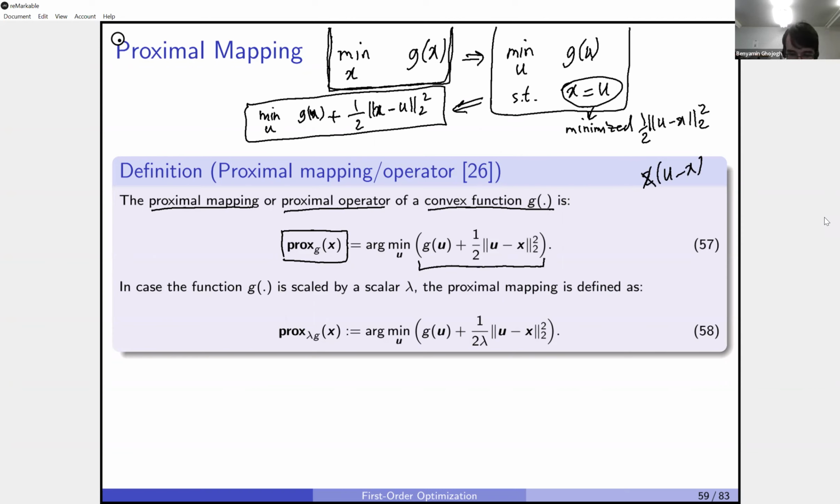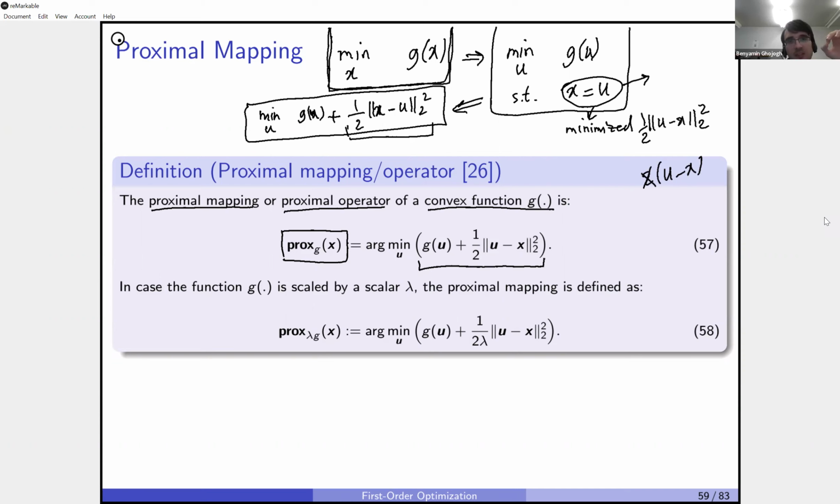Minimize g with respect to x. Now let's have a change of variable, but in the constraint we say that x should be equal to u. And then in order to make this unconstrained again, we are putting the constraint as a soft penalty. Because this is a hard constraint, right? We are having a soft penalty as a regularization term in the objective function.